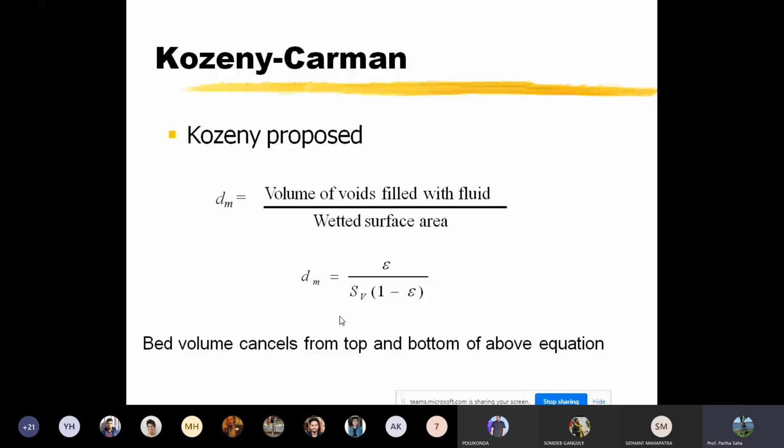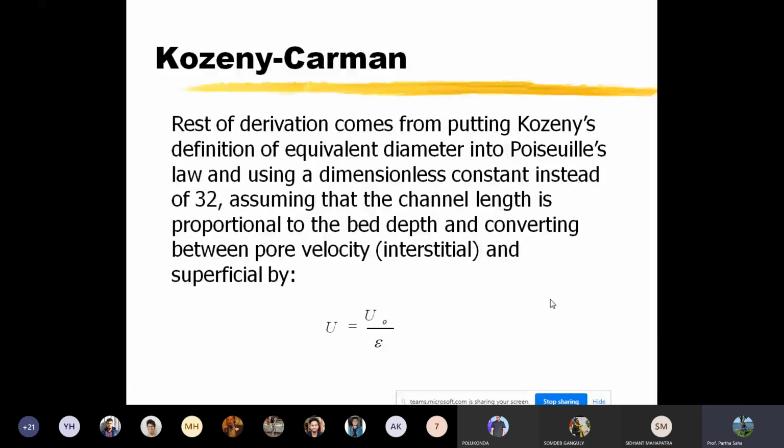That is the expression for the hydraulic mean diameter. And I think in the very first slide I discussed that the interstitial velocity and superficial velocity are related by U equal to U naught by epsilon, right? The superficial velocity is U naught, but we generally consider U, the interstitial velocity, because the fluid actually passes through the available porous channels.